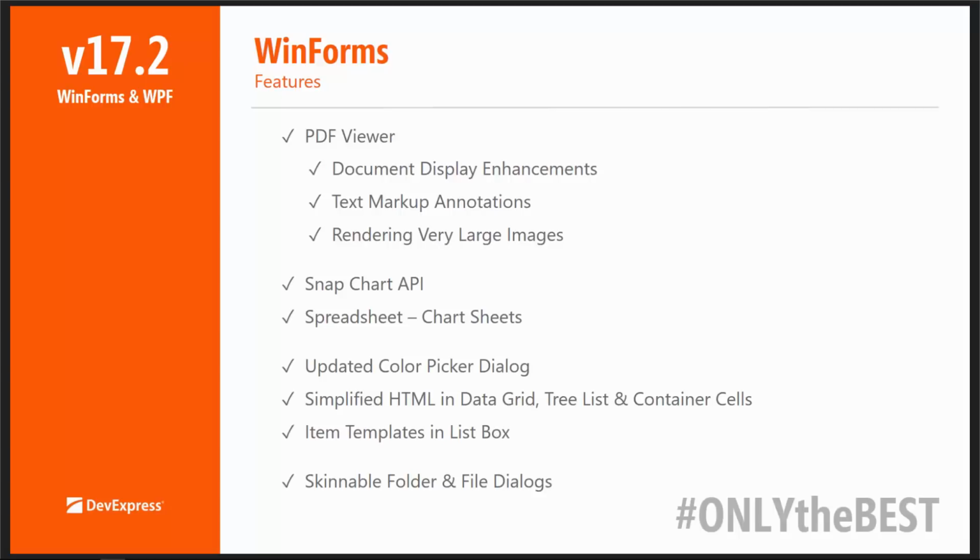We've introduced simplified HTML inside the DataGrid, tree list, and container cells, and added item templates in the list box. As a CTP, we've got some new skinnable folder and file dialogs. If you're in WinForms or WPF world and you're working with a file system, invoking that standard system dialog, you can now skin those. And again, Julian will be able to show you a little bit more on that.